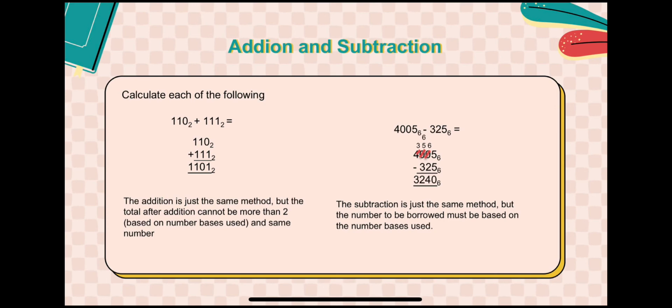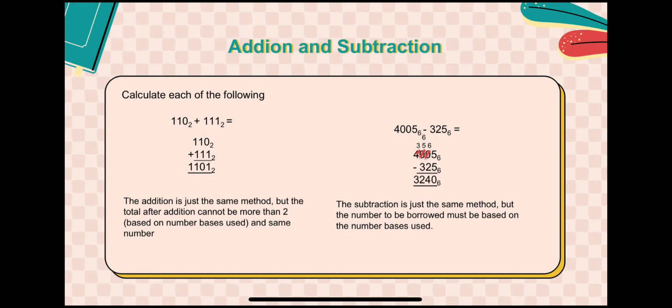We have to put 0, because in this addition we cannot put a number that is more than the base given in the question. The question is in base 2, so we can't put a number more than or the same as 2. So we put 0 and carry 1 to the next digit.